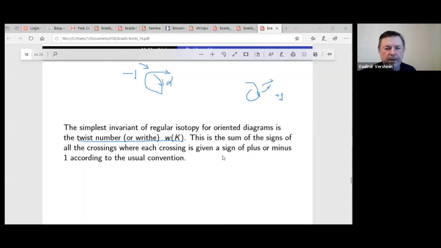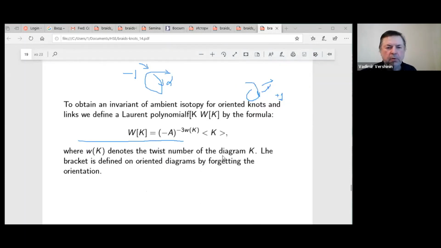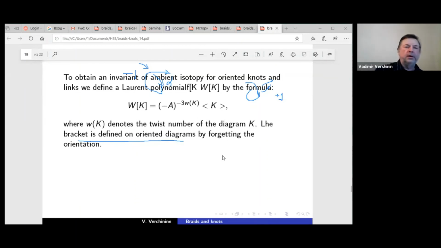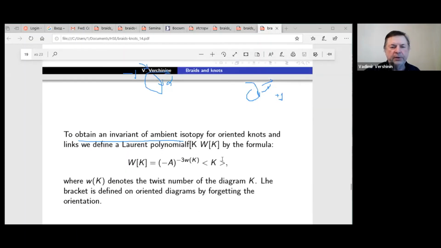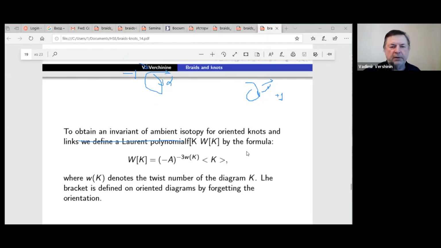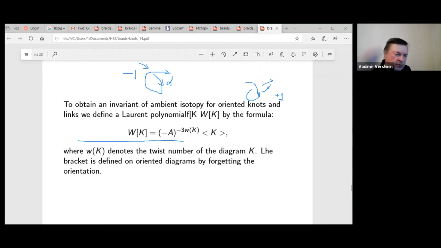Now we make the following correction term for our Kauffman bracket. Suppose that you have diagram K. You take an orientation, because rise is defined only for oriented objects.